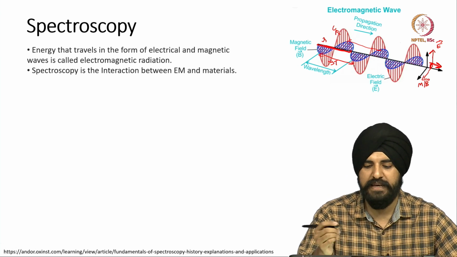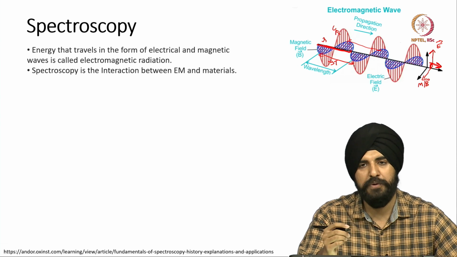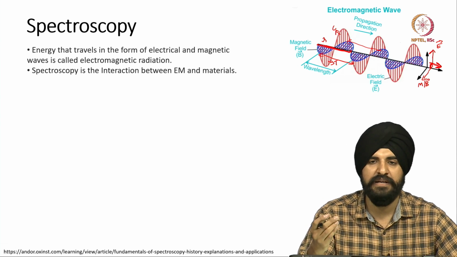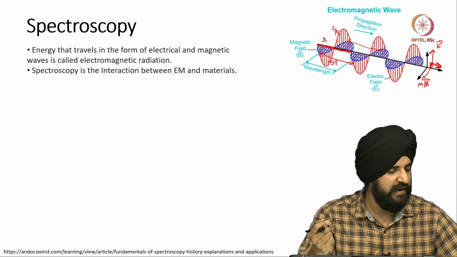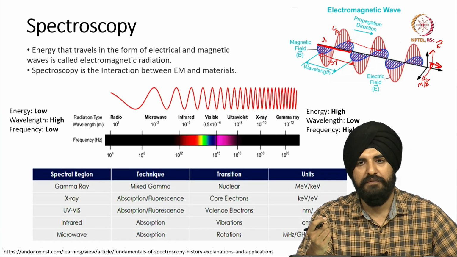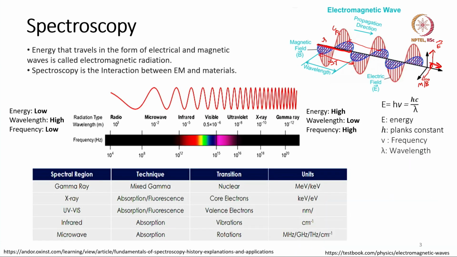Frequency can be understood as the number of oscillations this electromagnetic wave has in a particular second. We have a basic formula, E is equal to h nu, or a relation in which E is equal to hc by lambda.